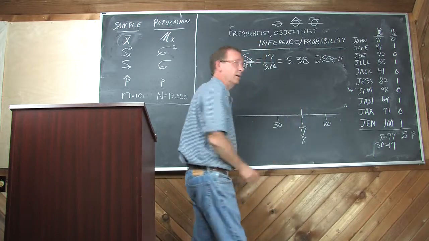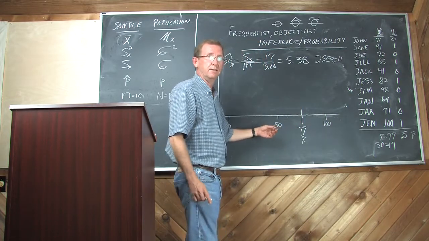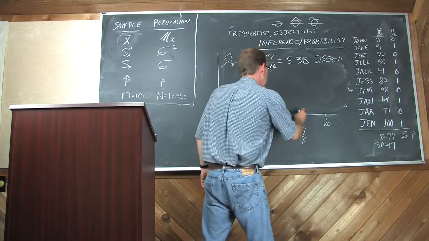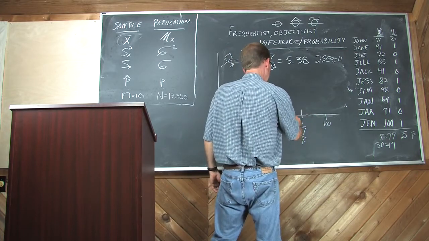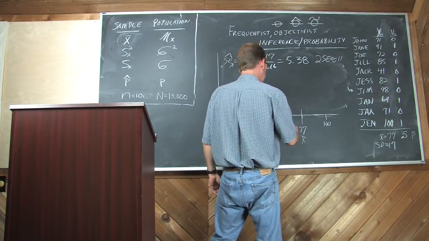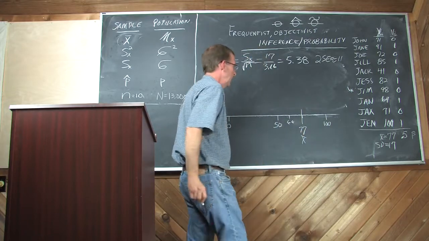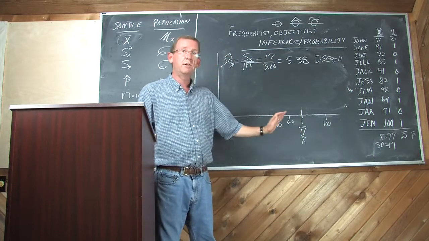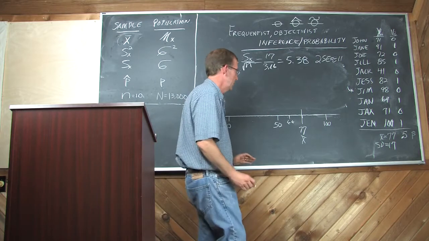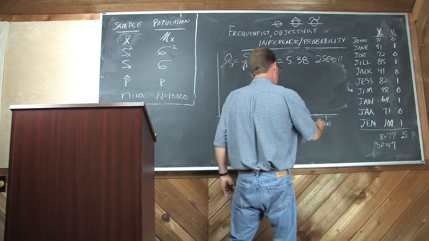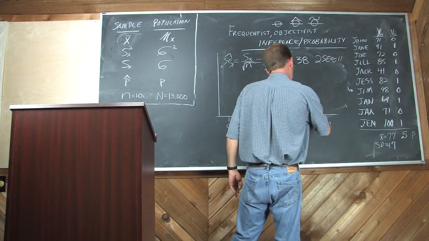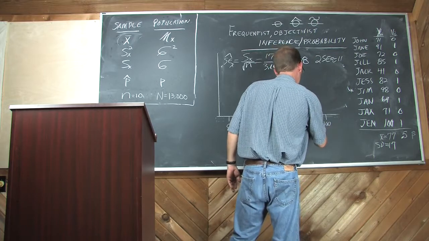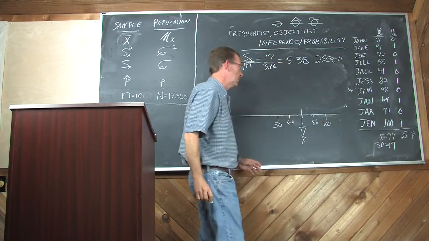So let's go 11 back from here. You can do 77 minus 11, 66. Let's put that out right here. And then add 11 on the other side, right? So it is 88. All of these, of course, approximate.